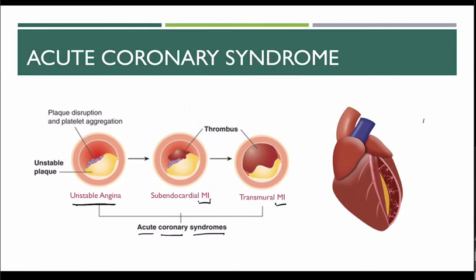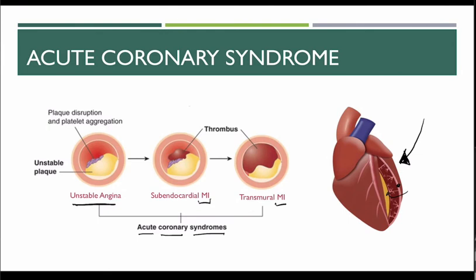And I really like this picture of the heart to illustrate the distance that the oxygen has to flow, right? If the clot forms here, the tissue that's farthest away is going to be the first that dies. So in a subendocardial MI, there's some lumen still available. I'm not pointing to the clot.